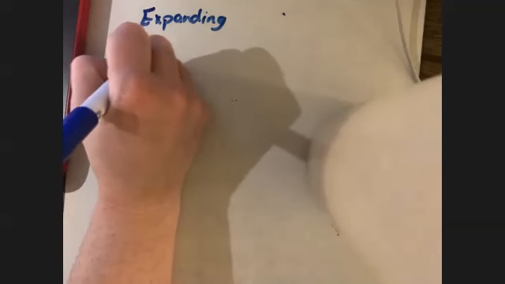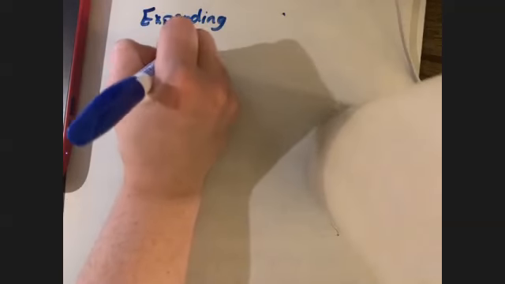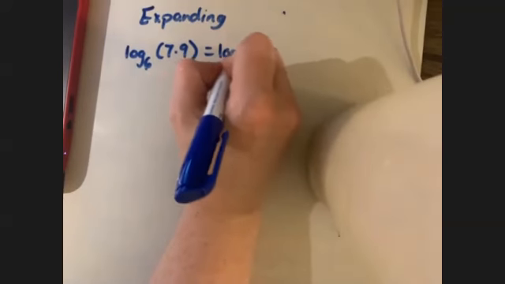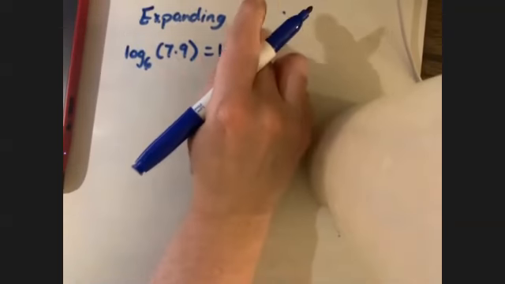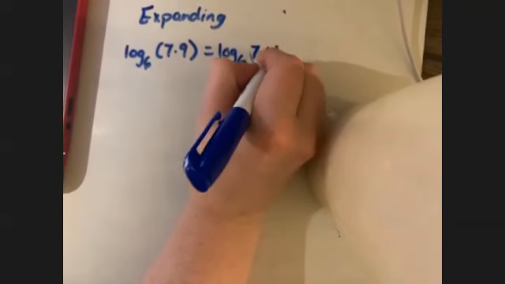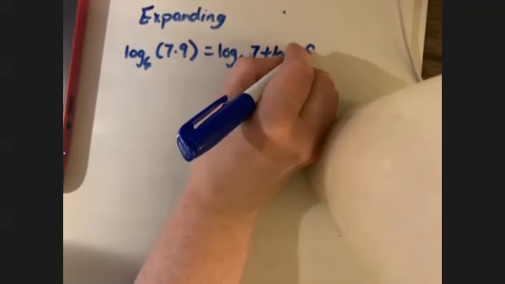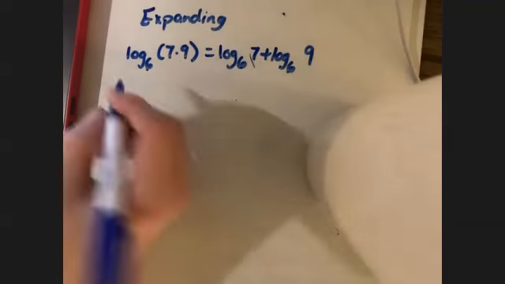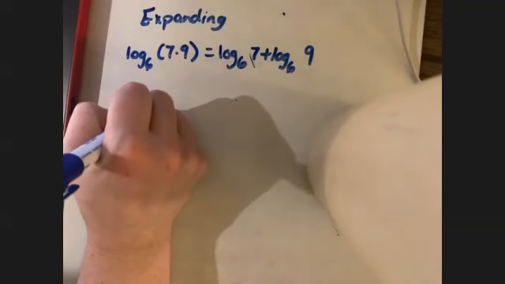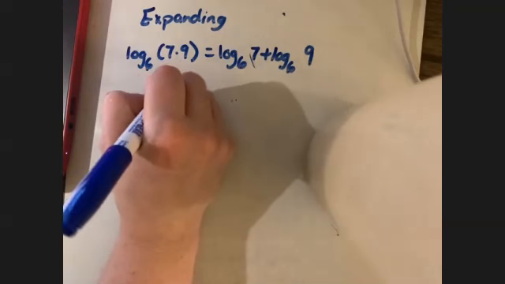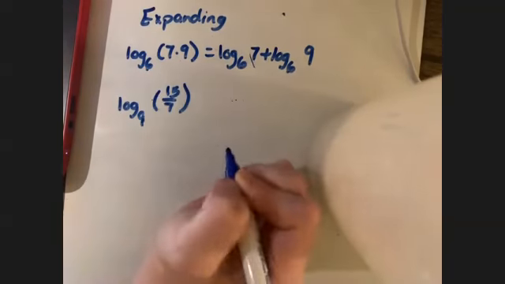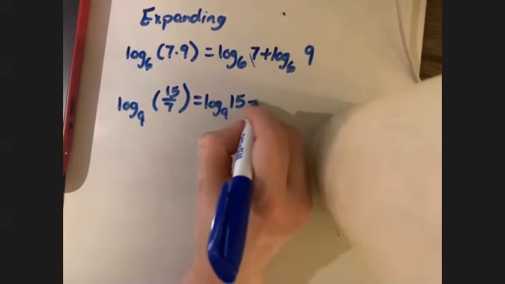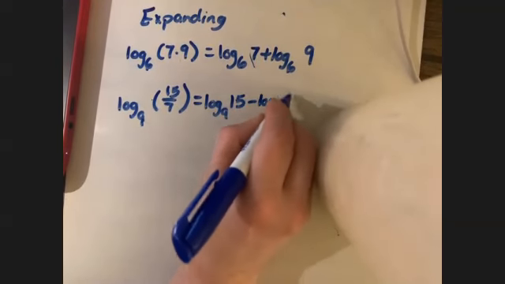So, if I have log base 6 of 7 times 9, I can break that open to log base 6 of 7 plus log base 6 of 9. Okay? And we leave it sitting just like that. Now, if I have log base 9 of 15 over 7, this is my quotient rule. So we've got log base 9 of 15 minus log base 9 of 7.